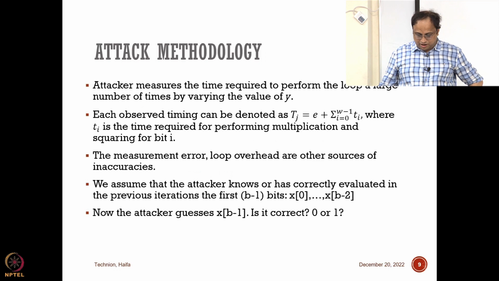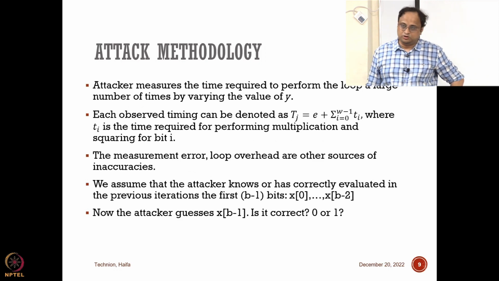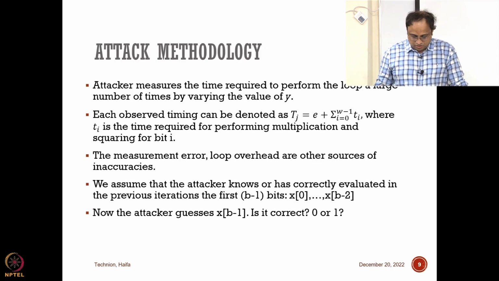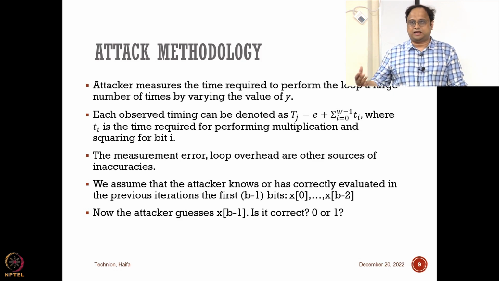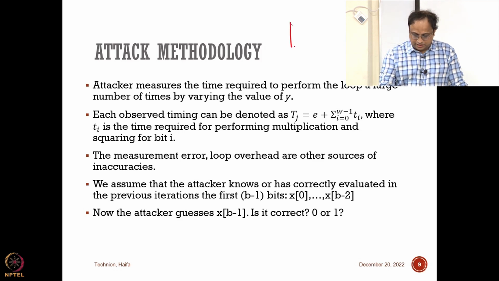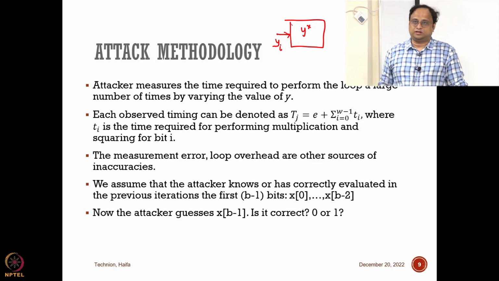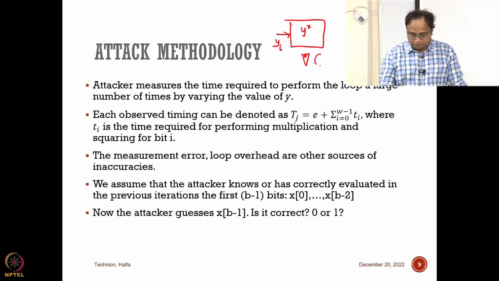Assuming that you can do this, now the attacker can observe the timings. It will take the code which calculates y power of x and feed it with different values of y, say yi, where i varies over the number of observations. The attacker will also observe, maybe with some kind of clock, the timing required for this yi operation.